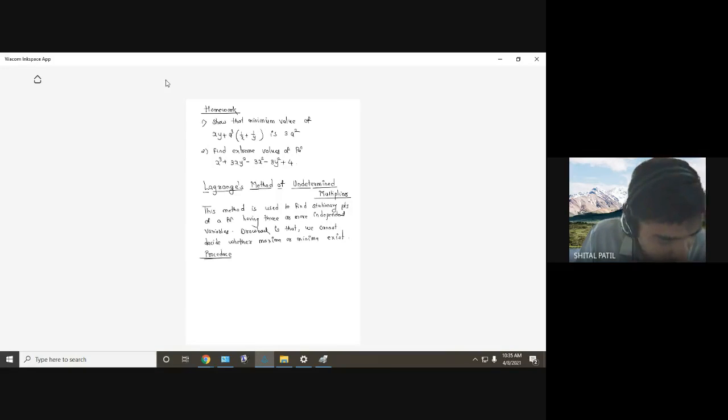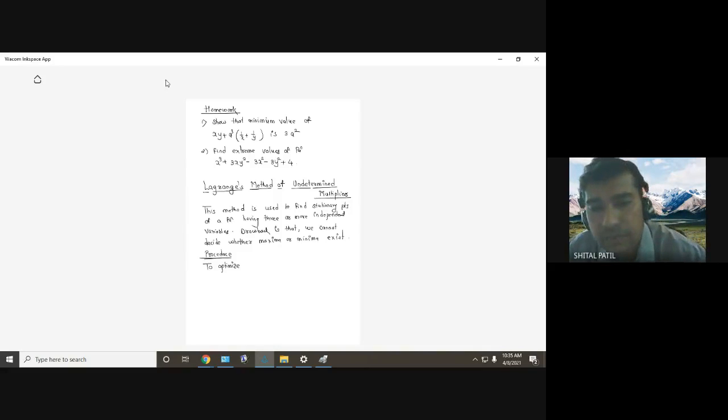To optimize. Optimize means to minimize or to maximize. In fact, our aim is to optimize everything. Right now your aim is to do the minimum study and get the maximum marks.